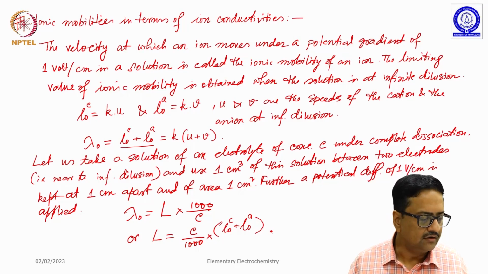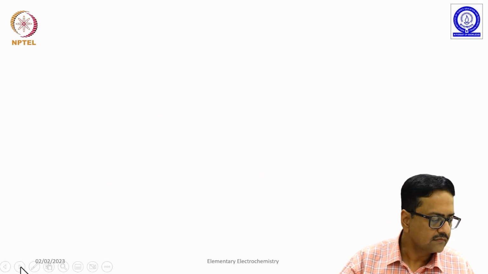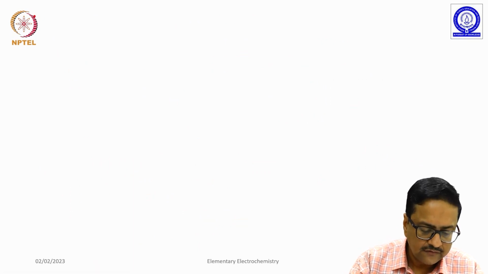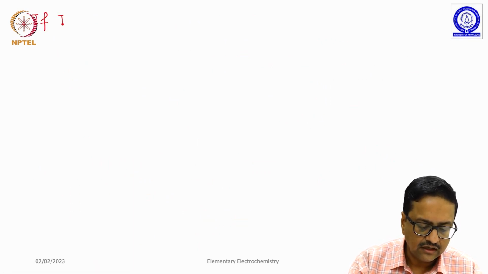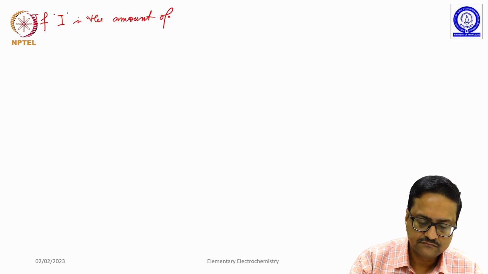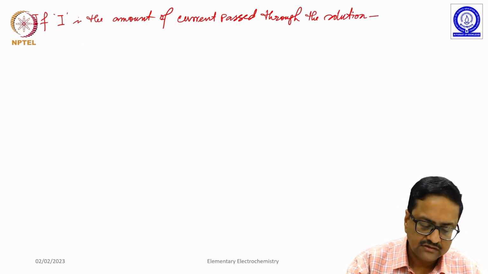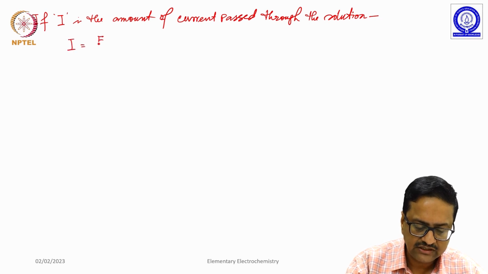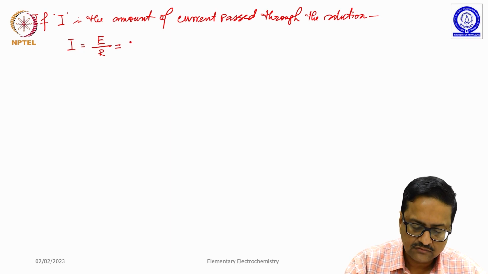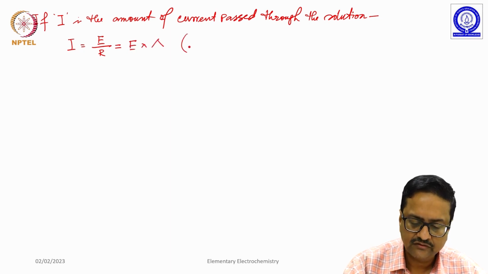So, now if I is the amount of current passed through the solution, then I equal to E by R, which is equal to E into lambda, where lambda is equal to 1 by R, correct?